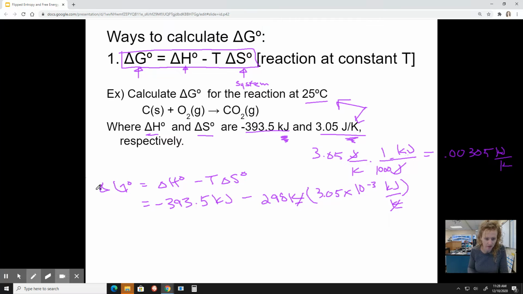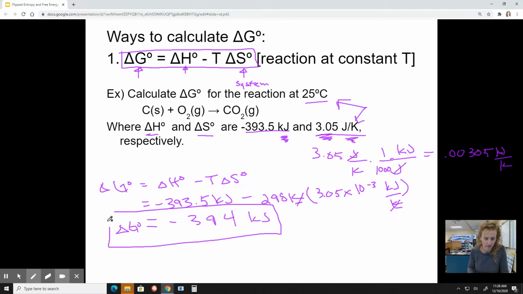All right, and my answer is going to come out to be negative 394.3, but they only give us 3 sig figs up here, so I'll keep it to negative 394, and that's in kilojoules. Okay, so that's going to be our answer. There is our free energy change for the reaction specified.